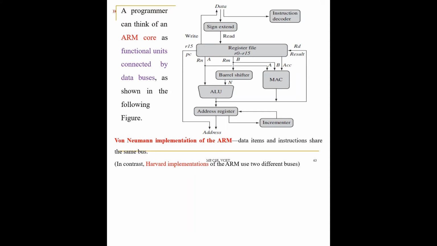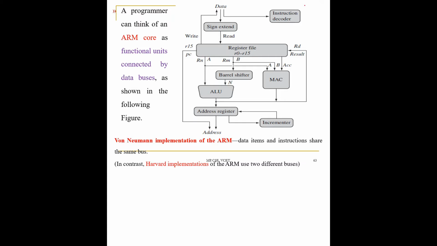The diagram you can see here is called the programmer's model of the software developer. Normally a software developer is going to look at the ARM processor in this particular manner.